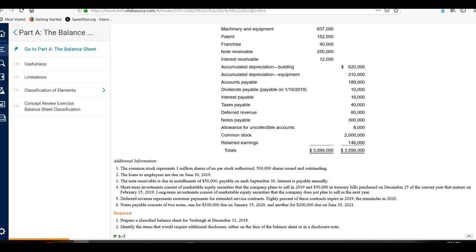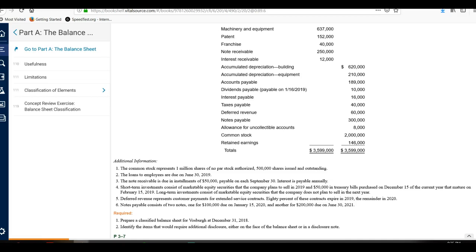The loans to the employees are due on June 30th of 2019. The note receivable is due in installments of $50,000, payable on each September 30th. Interest is paid annually.